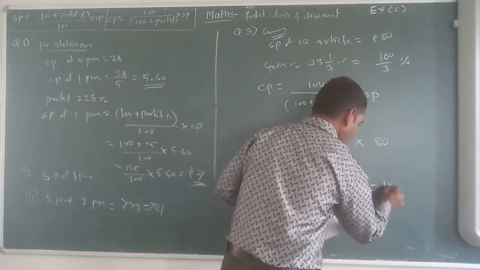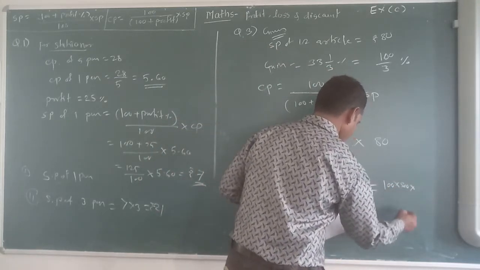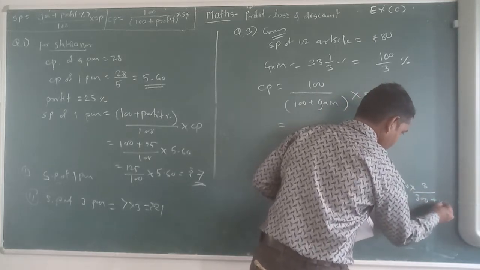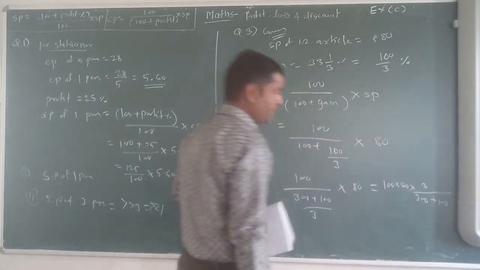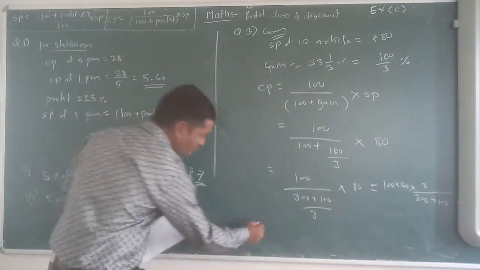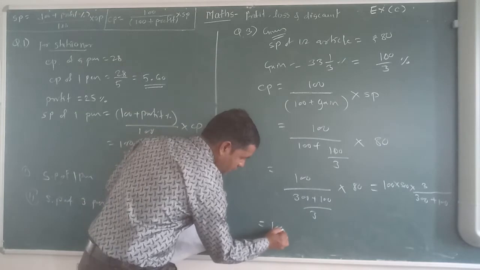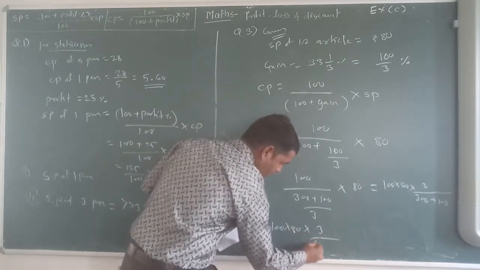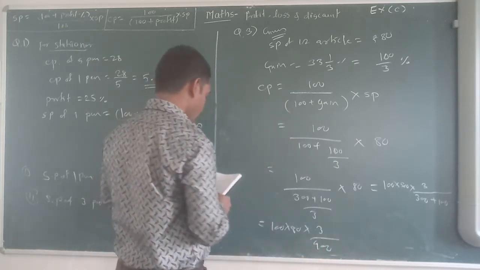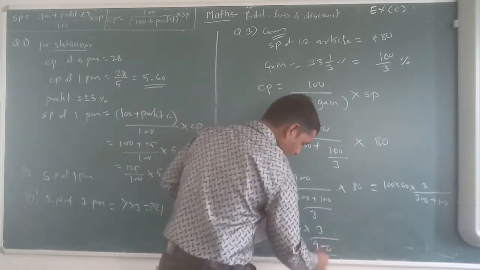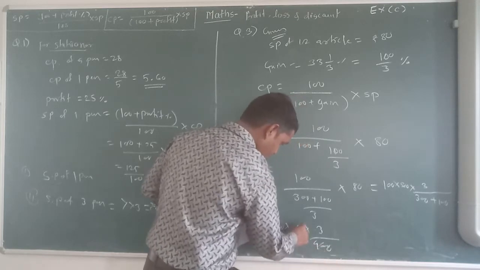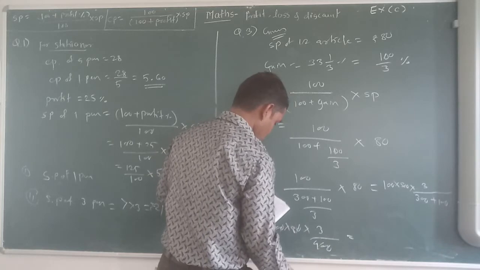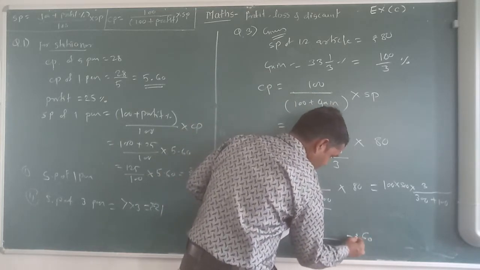So 100 multiplied by 80 into 3 upon 300 plus 100, and in the next step it will be 400. So 100 into 80 into 3 upon 400. You can do these calculations. 2 0 get cancelled. You can do the division also. So the answer will be 60 rupees.